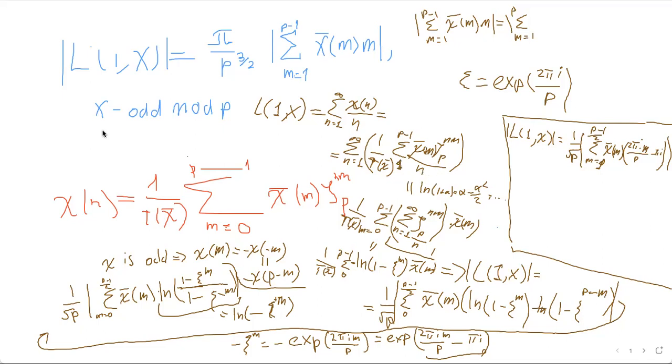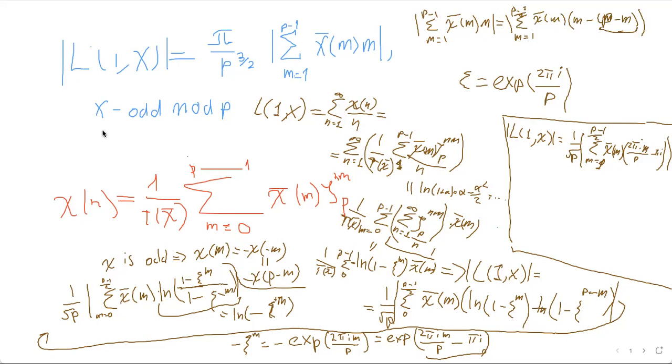So it's like p minus 1 divided by 2 here of m minus... p minus m. Yes, because this will have a negative character value.